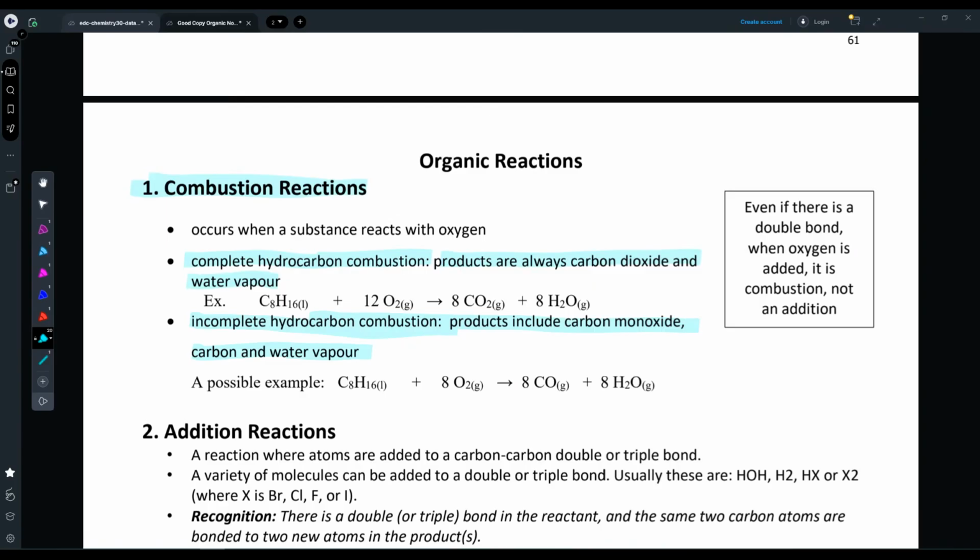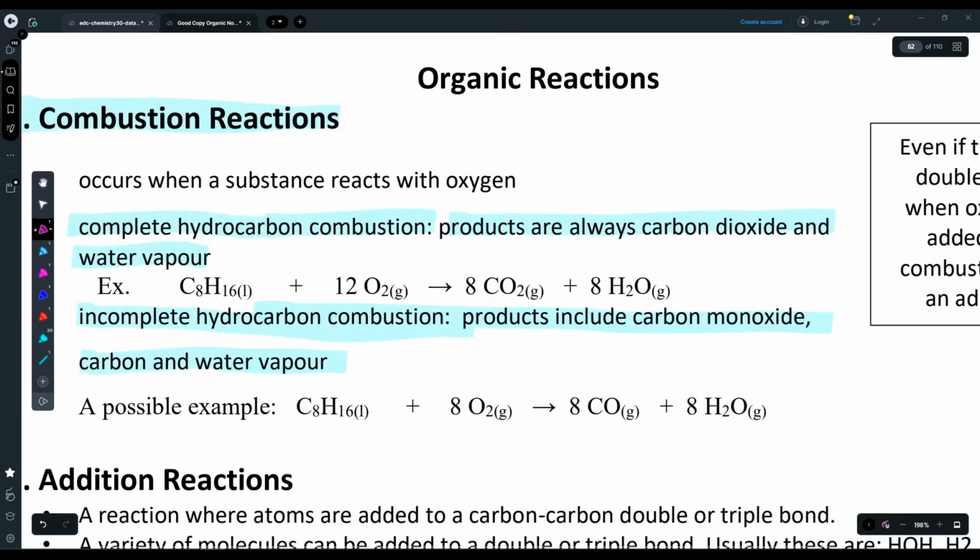Okay, so because this is a topic that has been covered in previous classes, you are expected to be able to identify what combustion reactions are and also be able to balance them and predict the products. Again, just keep in mind, for combustion reactions you'll have some sort of hydrocarbon and it's always reacting with oxygen.